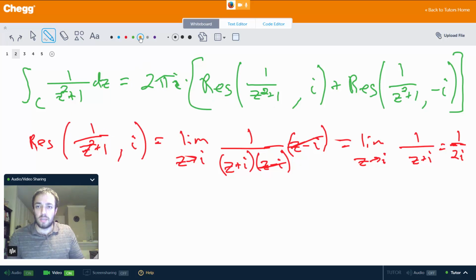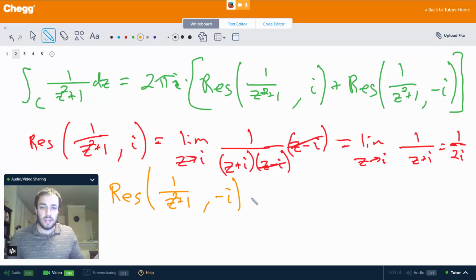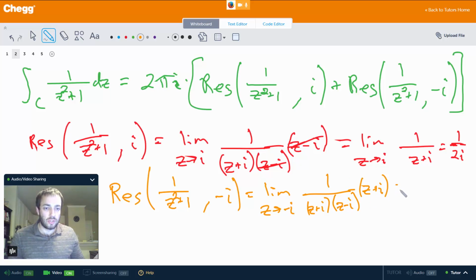Now how about the second residue? That's going to be the residue of 1 over z squared plus 1 evaluated at minus i, and that's going to be the limit as z approaches minus i of, so same thing, we're going to use the factored form, and now we're going to multiply by z plus i because that's what the residue formula tells us to do, and cancel, cancel, that's great.